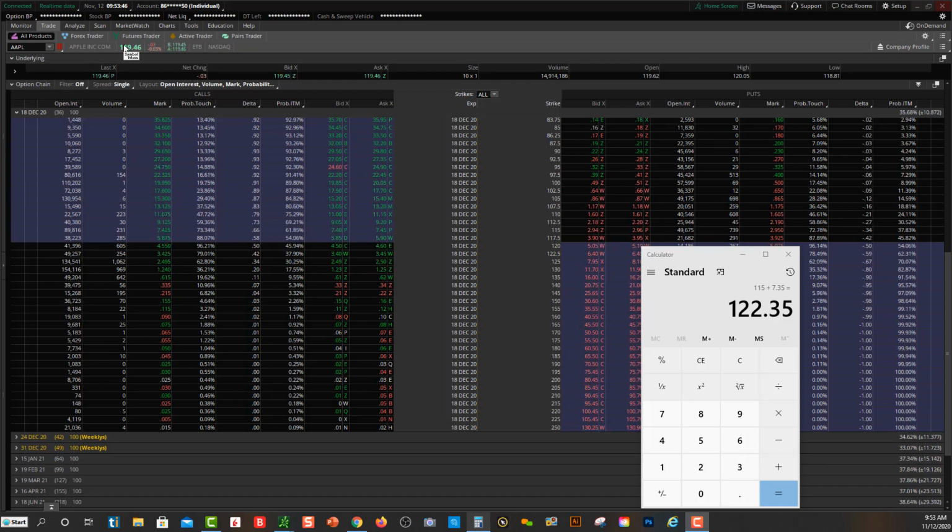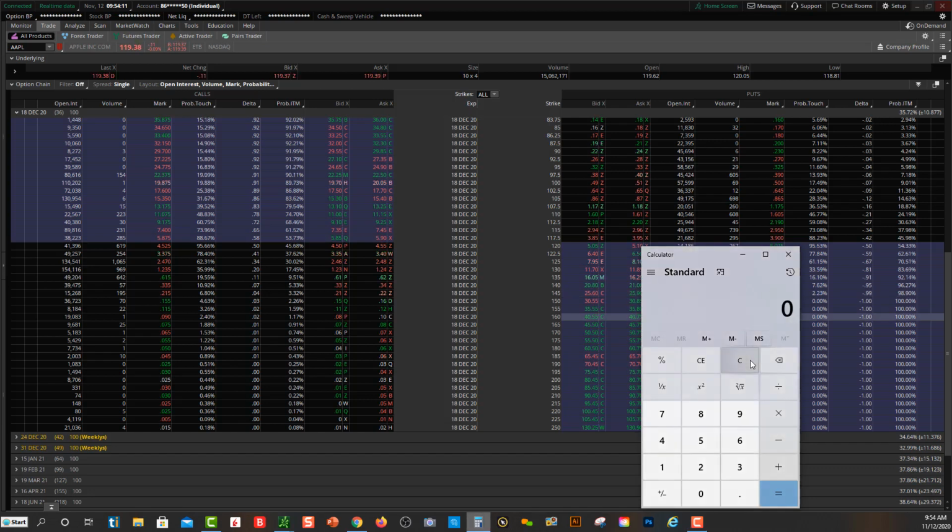So if Apple moves up $1 and you're looking down over here, that means the options contract would move up 58 cents, the delta portion of it. If it goes down $1, you lose 58 cents, right? So again, if you're buying 5 options contracts, it's 5 times 100, that'd be controlling 500 shares.